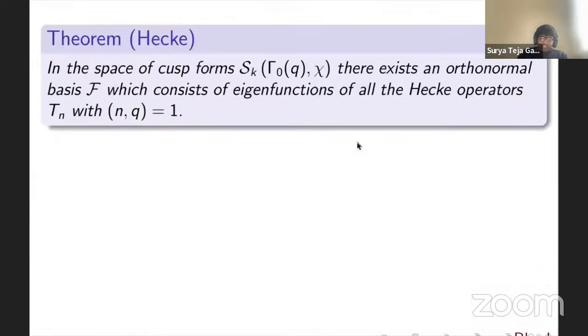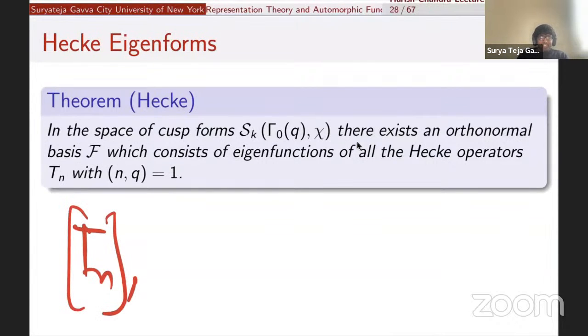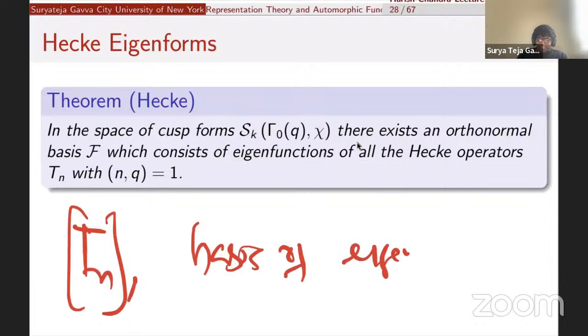So in general, we have these operators, the Hecke operators T_n, acting on our modular forms, and I said they commute, so we can find a basis of eigenfunctions for all these operators.